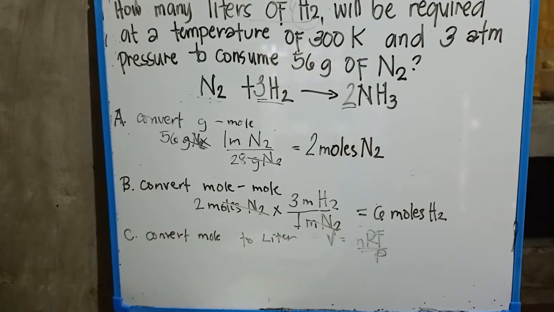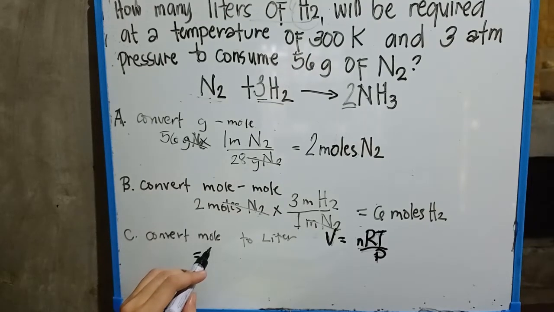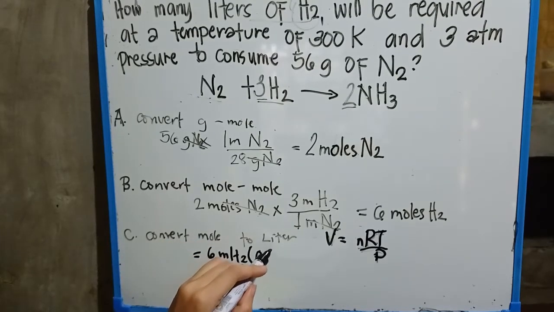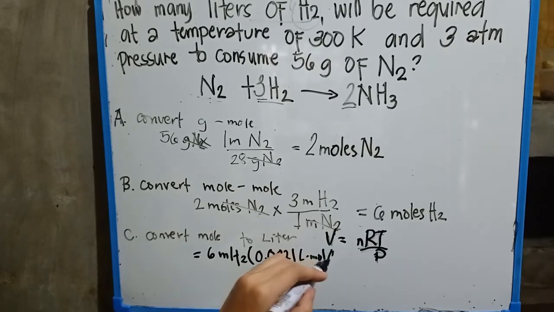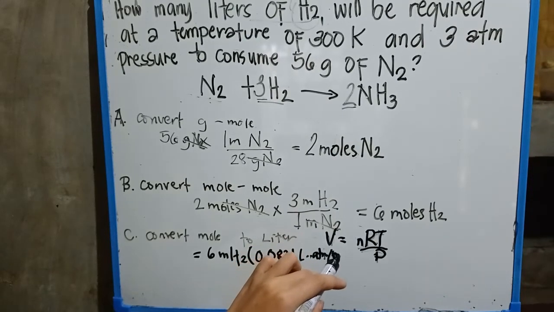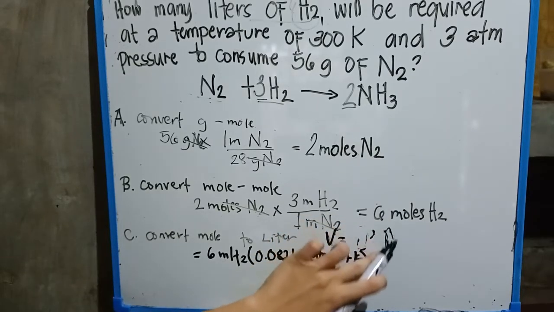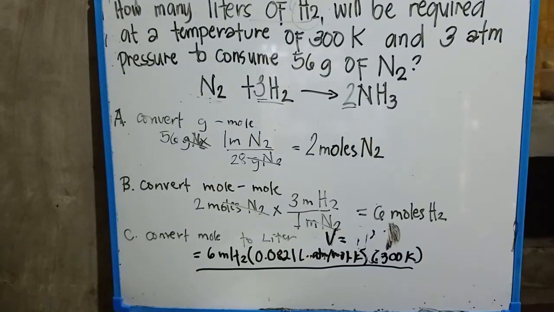So, volume is equal to nRT over P. So we can write 6 mole of H2 multiplied by 0.0821, ATM, it's ATM, L times ATM over mole K, times 300 Kelvin over our pressure, which is 3 ATM.